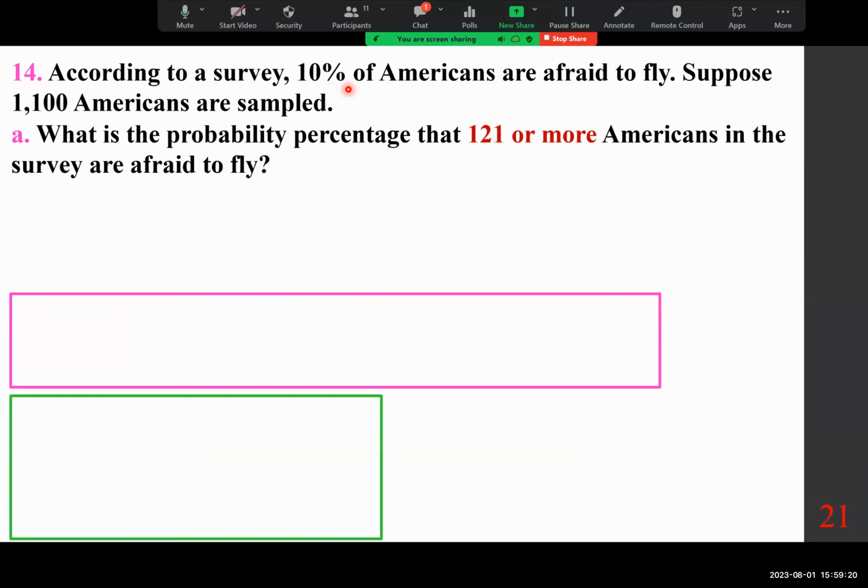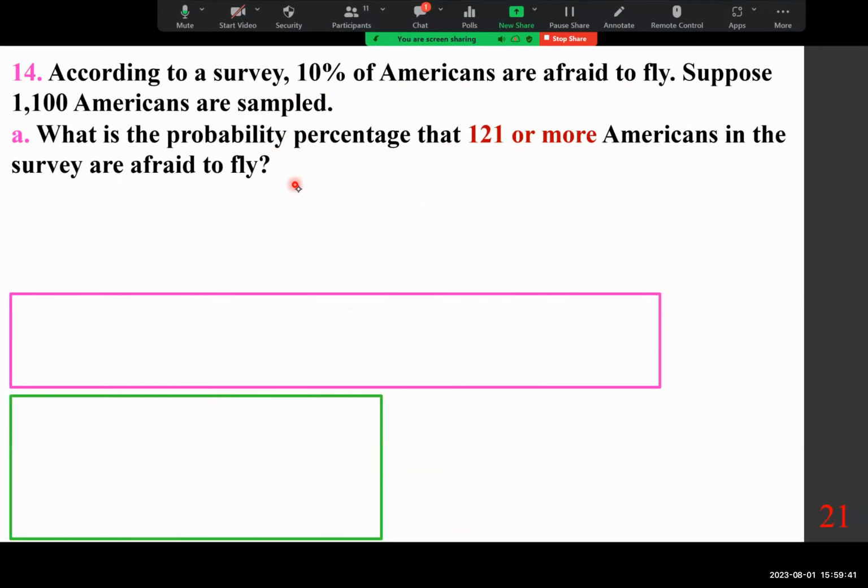According to a survey, 10% of Americans are afraid to fly. Suppose 1,100 Americans are sampled. What is the probability percentage that 121 or more Americans in the survey are afraid to fly? So you're either afraid of flying or not.